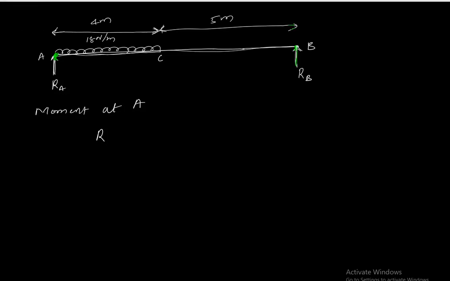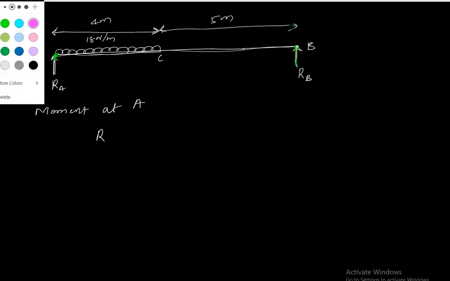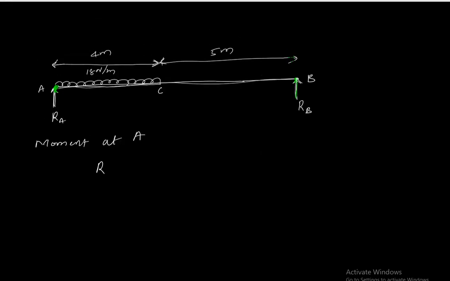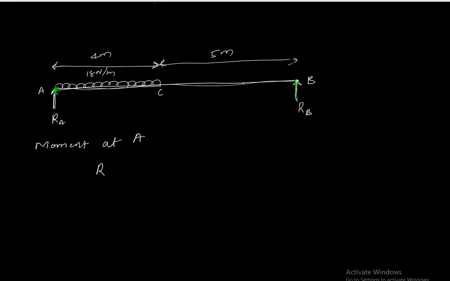Let me pick a lighter color. So RB tries to turn the beam in that direction. When it is pinned here at A and you apply RB, it rotates the beam in that direction.